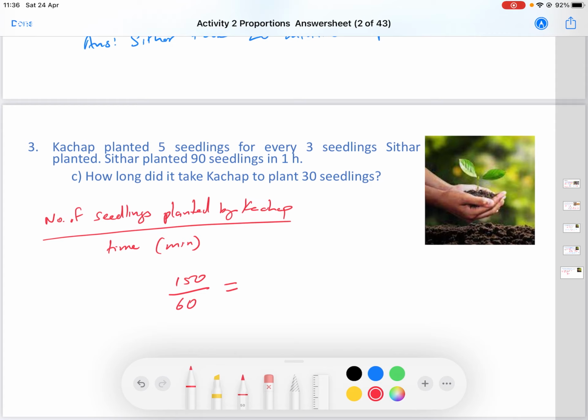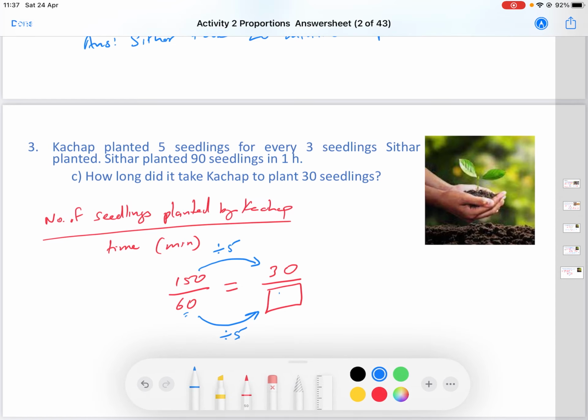Now we want to find out, to plant 30 seedlings, how much time is needed. 150 to 30 is divided by 5, and using the same scale factor, divide by 5. So we know that 5 times 12 is 60.